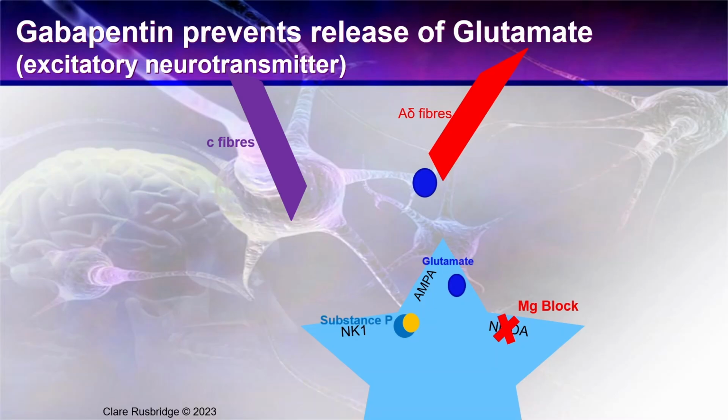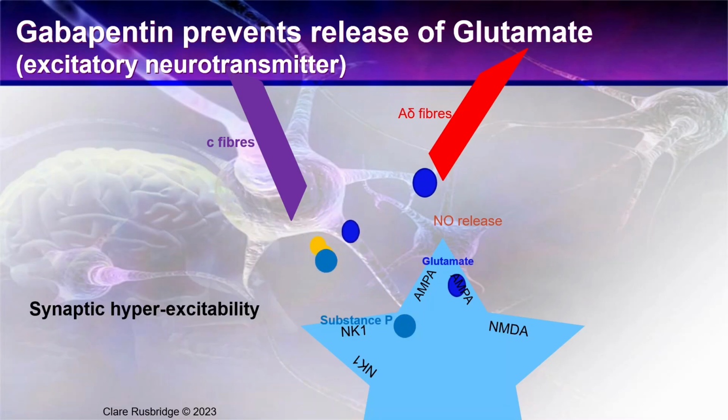Now, if enough of that glutamate binds, and also binds to a receptor called the NMDA receptor, then you get an action potential and eventually release of a magnesium block on the NMDA receptor. And what then occurs is that the membrane becomes much more sensitive and hyperexcitable, which means that only a little bit of a pain impulse is capable of generating an action potential, and we call that process wind up.